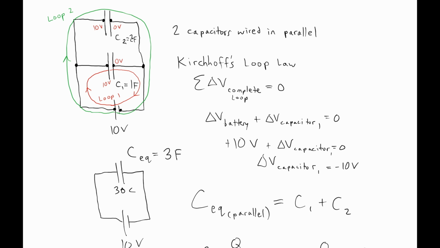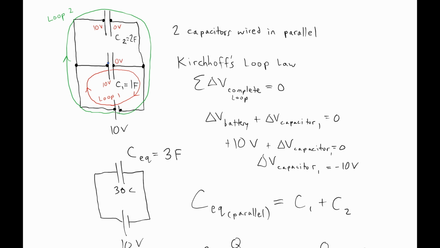So it can't be that both of the capacitors have 30 coulombs on them, because coulombs can't be created or destroyed. If you've got 30, they have to be spread out among these capacitors. But it's going to be 30 total, though.